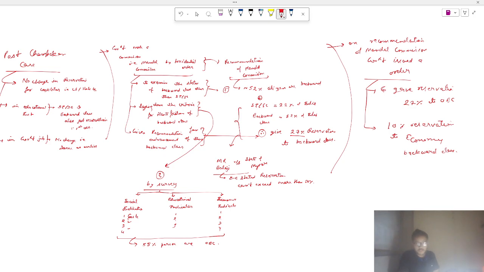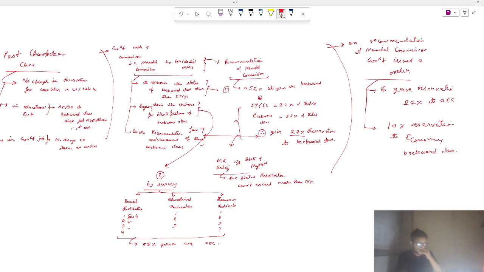So on the basis of the Mandal Commission, the government passed an order and gave 27% reservation to OBC and 10% to the economically backward class, and 22% reservation to the ST and SC community had already been given earlier.